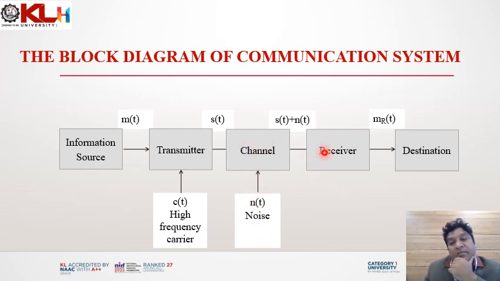So on the receiver side, after the modulated signal has traveled a very large distance of, let us say, 500 kilometers, or in some cases even 10,000 kilometers, this signal at the receiver side is S of T plus N of T. This N of T is the noise that is added during the transmission through the channel. The receiver then performs an operation called demodulation, and it recovers the message signal or reconstructed message MR of T, which is given to the destination.